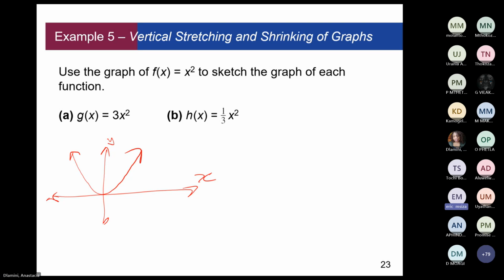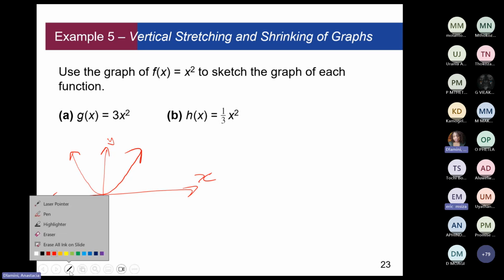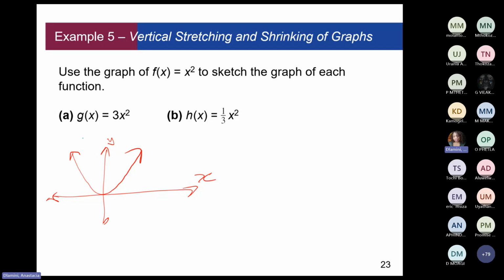So you're assuming it will be outside or inside the graph? Inside the graph. Yes. So when something becomes thinner, it will be something like this, isn't it? Yes, very close to the y-axis. It will be thinner because you're stretching it.